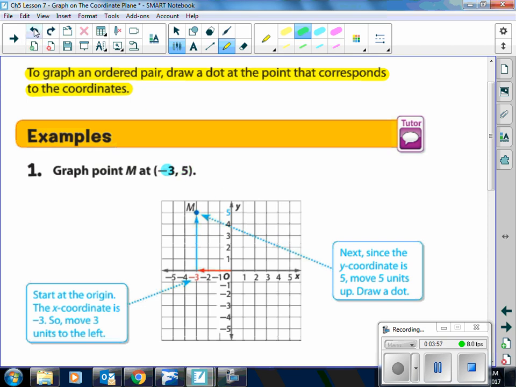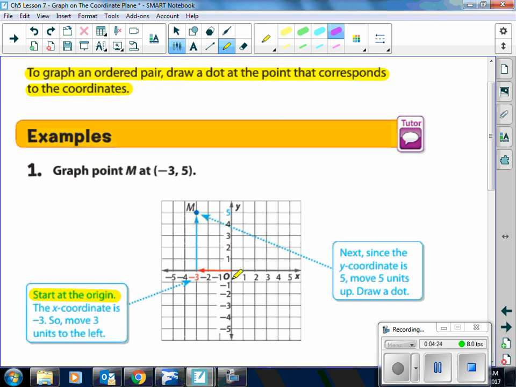Very good. So when we are graphing, we want to keep in mind that we will always start at the origin. Then we will graph the x movement and then the y movement and then plot the point. So here we're going from the origin, and -3 tells me that we're going to go to the left.